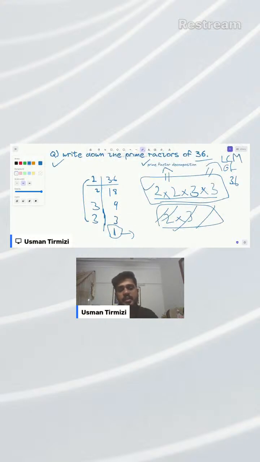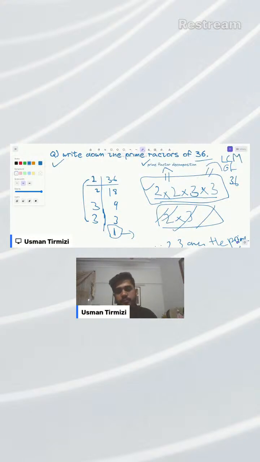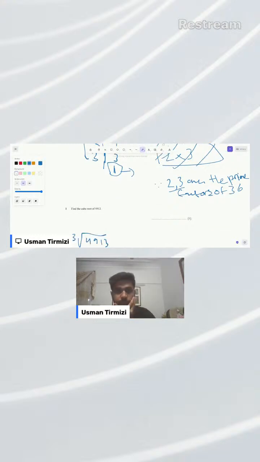And we can see that as there are only two numbers, 2 and 3, so we say in the answer, 2 and 3 are the prime factors of 36. Do you get it? So 2 and 3 are basically prime factors of 36. Is there any question now?